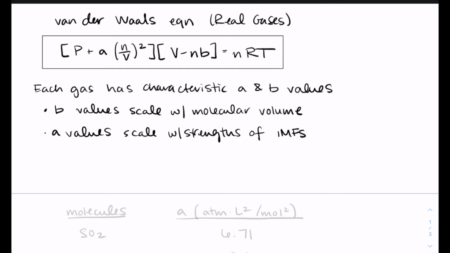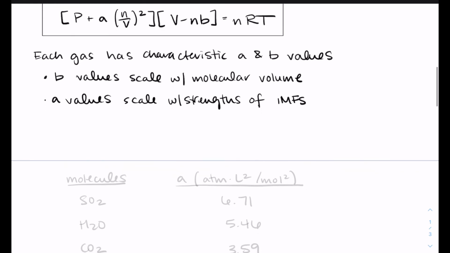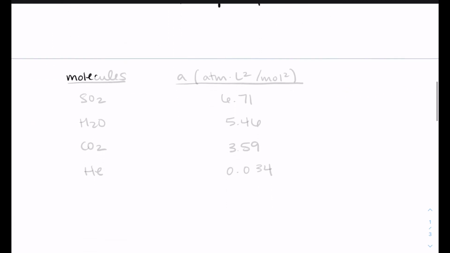But the intermolecular forces, since we haven't talked about them, just so you get an idea of the range, something like SO2 has this a constant equal to 6.71. And the units here are atmospheres times liters squared per mole squared, which is weird, but right, it works out in our equation to give you atmospheres so that you can add it to the pressure.